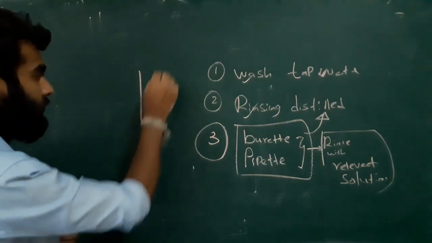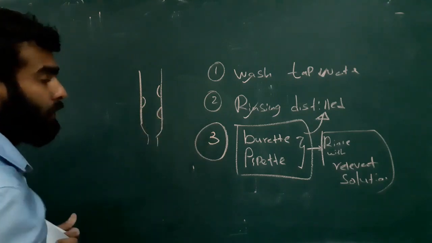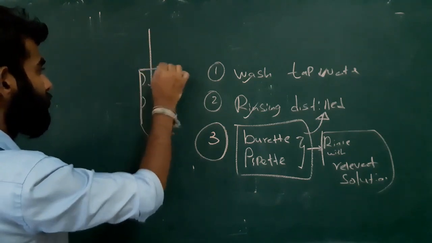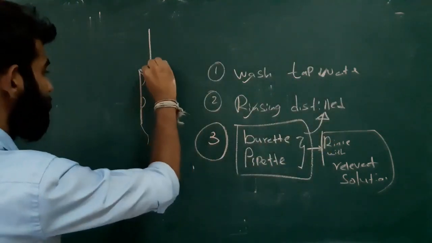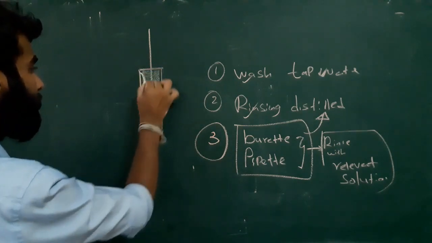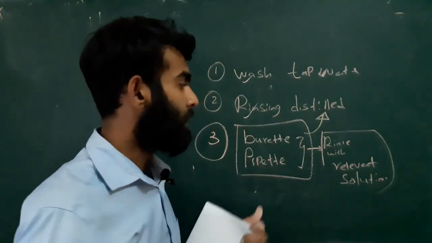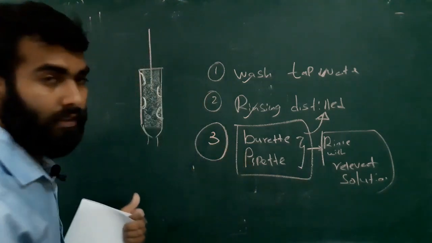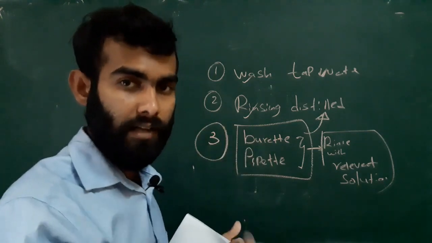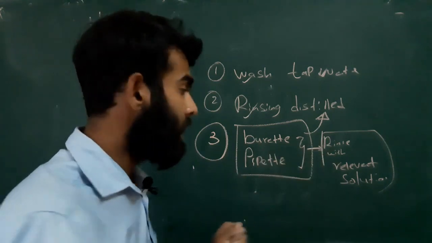When we are measuring some solution from this glassware, it may be diluted by the remaining distilled water. Because of that, before measuring or before adding any solution, we have to rinse the glassware with the relevant solution. We add a small amount of that solution, rinse with it, and after that we can measure.